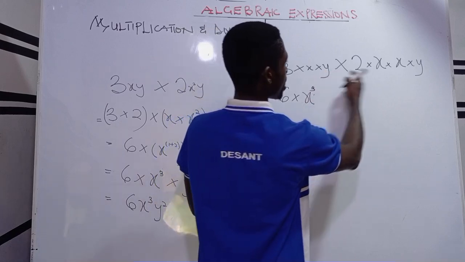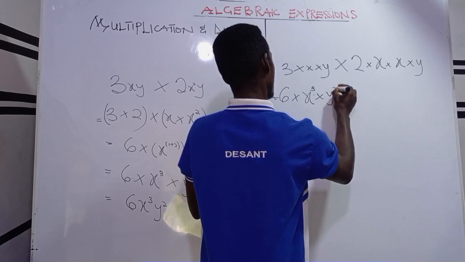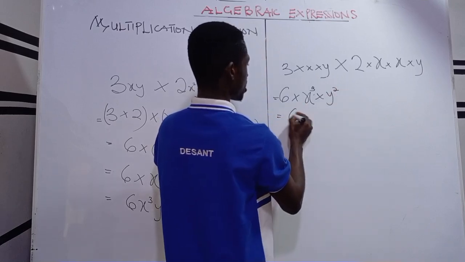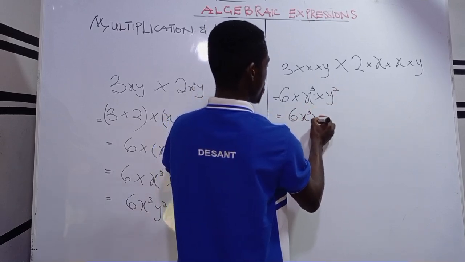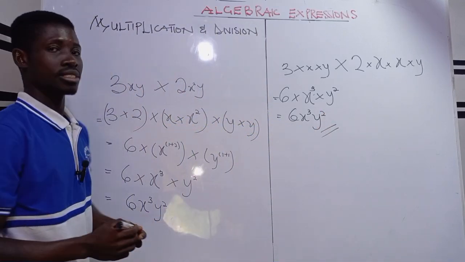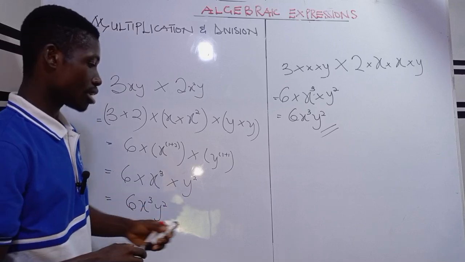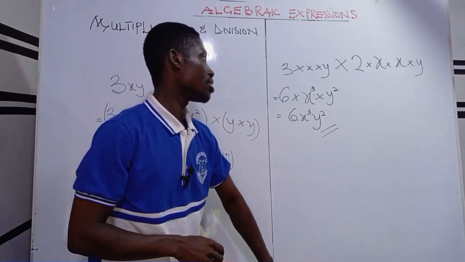Then we have y and then y. So y times y will give us what? Y squared. So this is going to give us 6x cubed and then y squared, which is the same as this. So we are going to take few examples and then we try our hands on it. Is that clear? Very, very good.